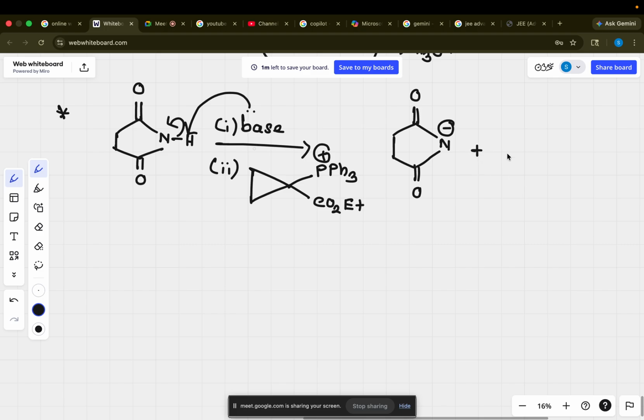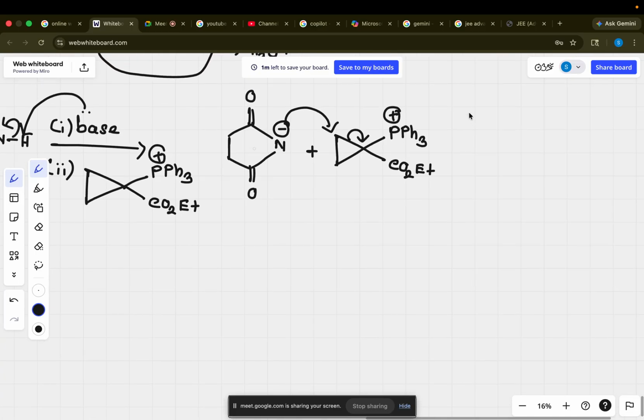So I am writing it again here. Suppose here you have PPh3 plus, and here you have CO2Et. So this negative charge will attack on this carbon, and this three membered ring is now opened.